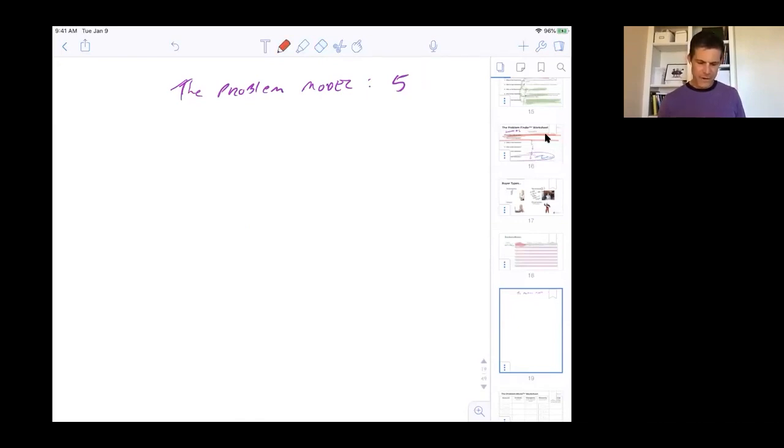So the very first P in this problem model is: is there a problem? And this goes back to a question that was asked a couple minutes ago. Does your prospect know that there is a problem?